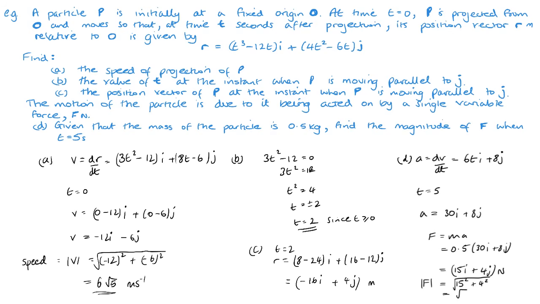And that's the square root of 241, or 15.5 newtons to 1 decimal place. I can't quite fit that in the corner, so I will leave it where it is. Or 3 significant figures if you wish.